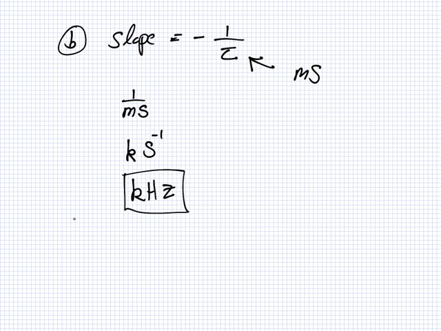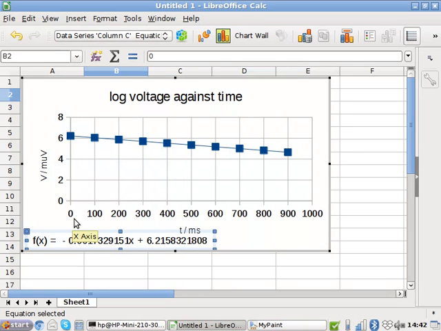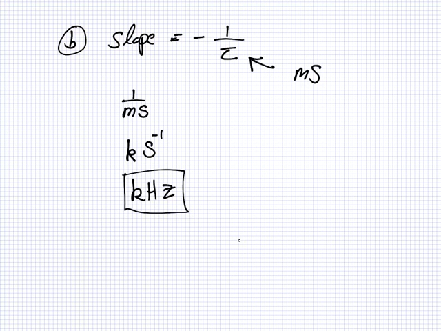From your graph, estimate the value of the time constant. I don't need to estimate because I can read it from this. The slope is minus 0.0017. That's really small, but it's actually 1 over the time constant.